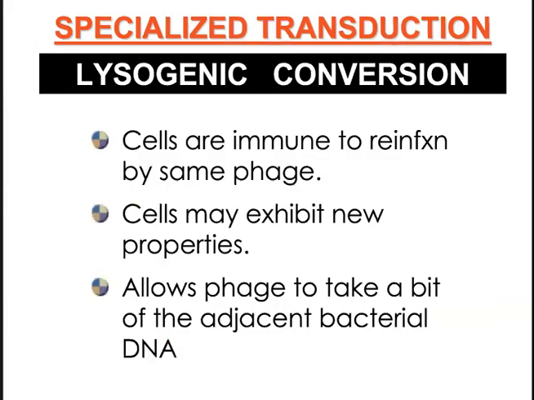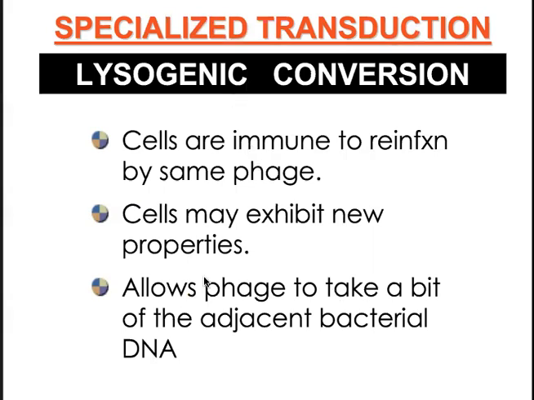Now let's look at specialized transduction. Remember, specialized transduction is initiated by the temperate phage, which undergoes the lysogenic cycle as it replicates. Hence, the bacterial organism that falls prey to this type of gene transfer undergoes lysogenic conversion. What happens?